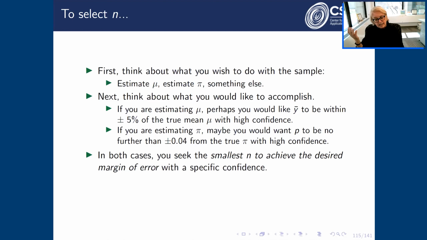And again, if your confidence is very high, if you want to be very confident that you're within, let's say, 5% of the true mean, the required sample size is going to increase. If you're not so concerned, and you only want to be 90% confident that you're within plus or minus 5% of the true mean, then your sample size doesn't have to be that large. So that's where we're going next.